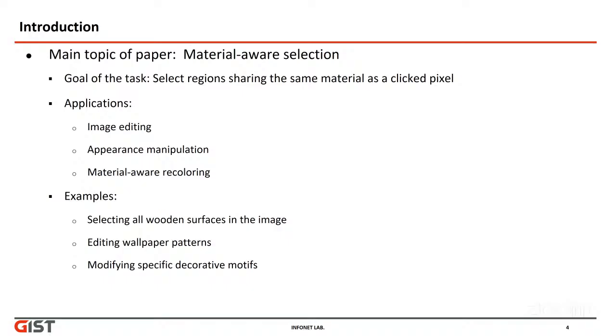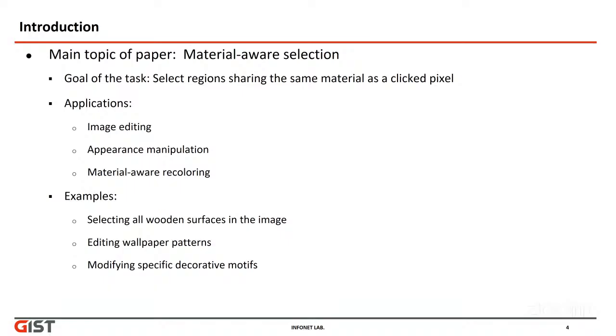The goal of the task is selecting a region sharing the same material as a clicked pixel. You can consider an application like Photoshop. So it can be applied to image editing and appearance manipulation and material-aware coloring.